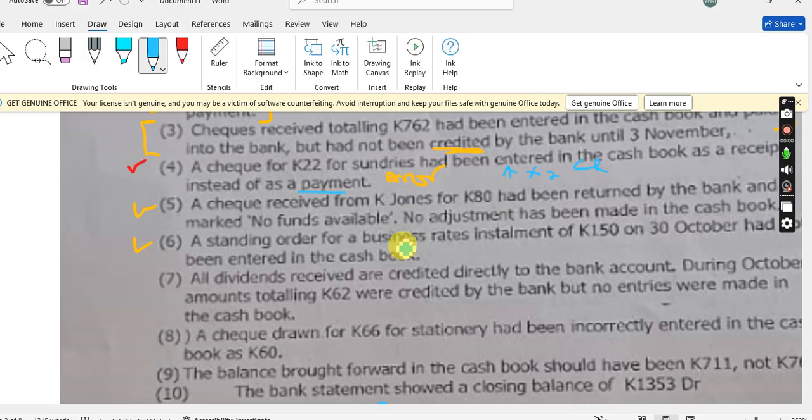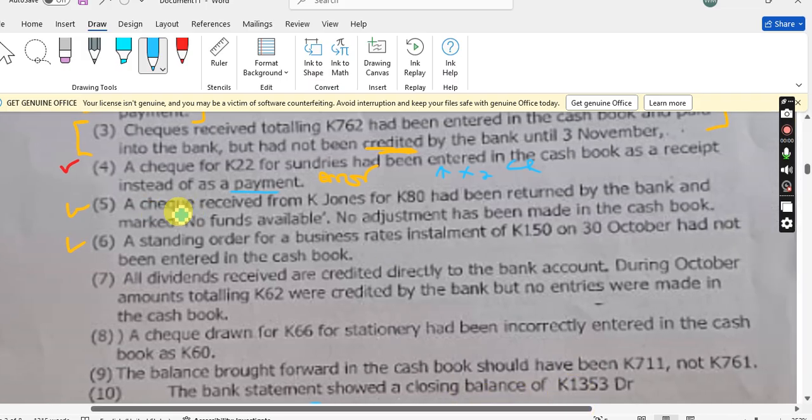Okay, can I go to the next one? A check received from K. Jones for 80 kwacha had been returned by the bank and marked no funds available. No adjustment has been made in the cash book. Okay, so basically what has happened here is we received money from K. Jones and we recorded on our debit side 80 kwacha.